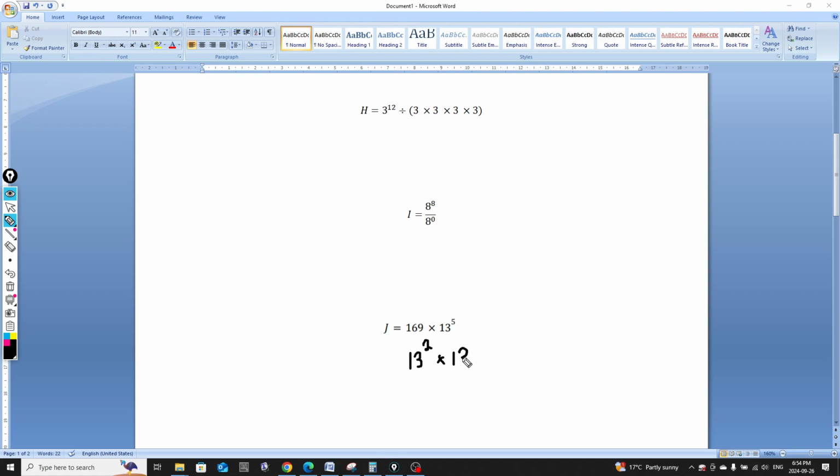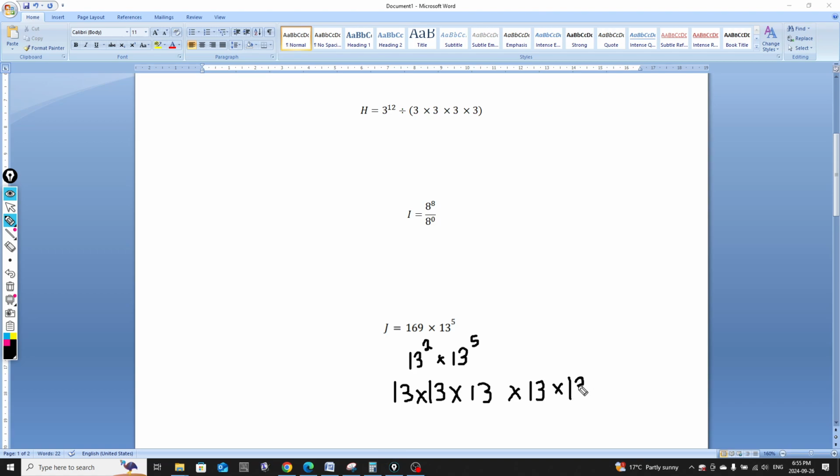Now, there are some rules with exponents here, but we don't really need to know them. I'll talk to you about them next week, but for now, you don't need to worry about them. 13 to the power of 2 just means 13 times 13. And 13 to the power of 5 means you're going to go times 13, 5 more times.